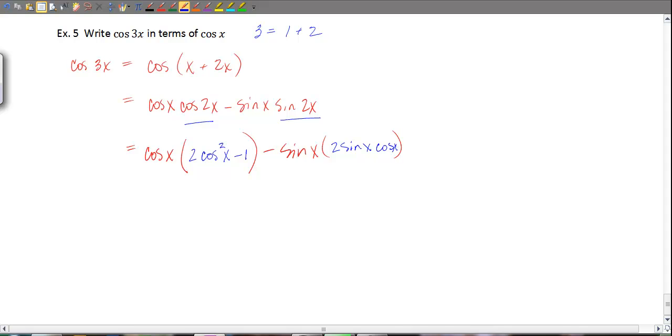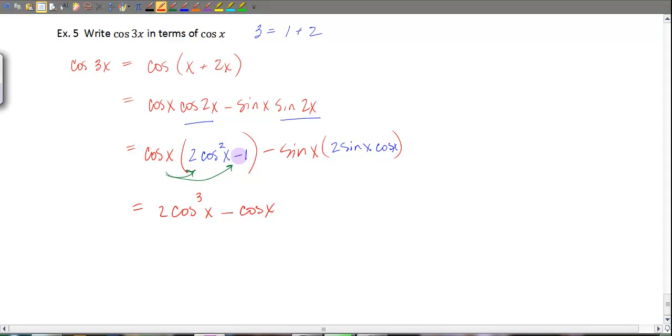Okay, so now that I have one term times this over here, I can distribute. That's going to give me 2 cosine cubed x minus cosine x. Cosine x times this first term: cosine times cosine squared is cosine cubed.